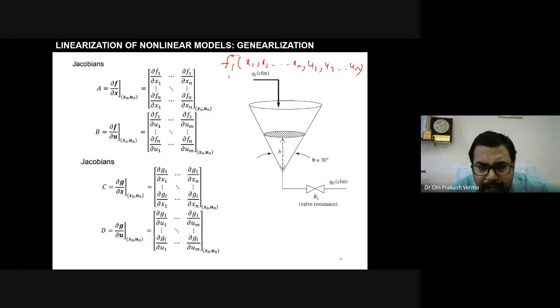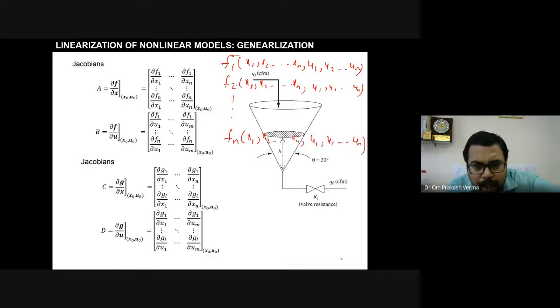In a similar way, f2 is defined as a function of x1, x2, up to xn and u1, u2, up to un, and likewise fn. Now, first, for the function f1, we have taken the derivative with respect to x1, with respect to x2, up to xn. Is it okay?